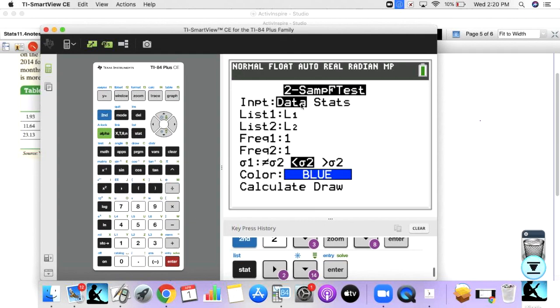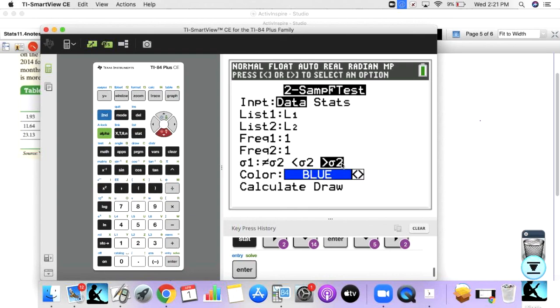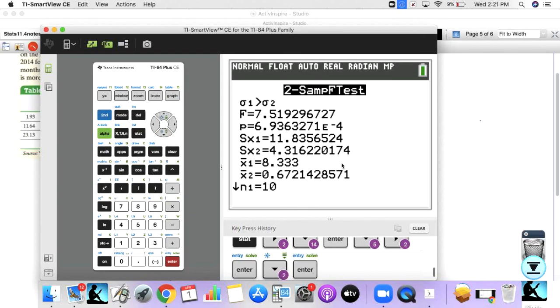And you can see from here we have 2 options, just like we do if we're doing a t-test. You can do it from data or you can do it from stats. We have data plugged into L1 and L2 with a frequency of 1 on each. And then my alternative hypothesis here is that my standard deviation from 1 should be greater than 2. So I want to make sure this is the one that's highlighted. And then I'm going to calculate.